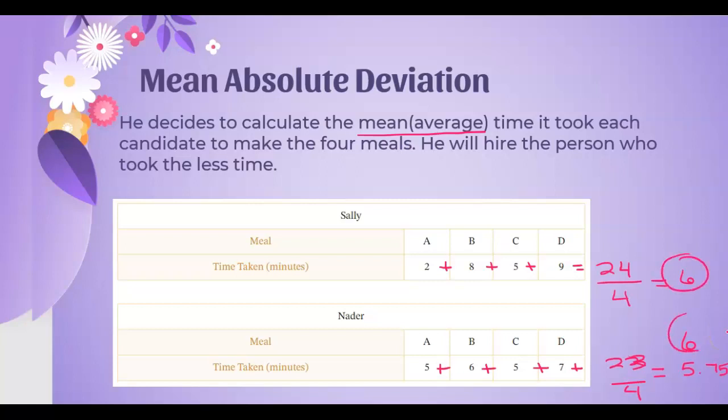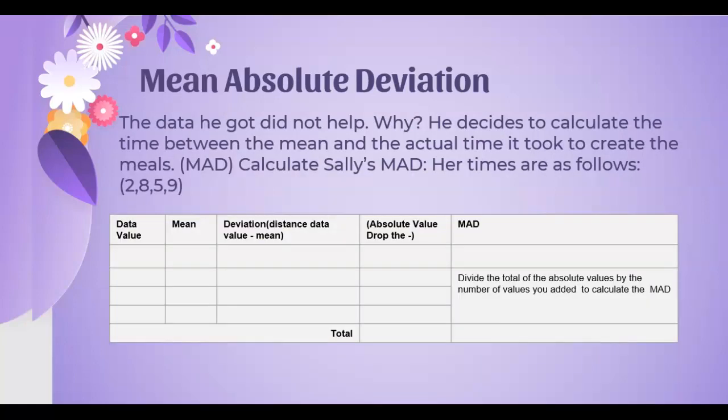They both took 6 minutes. So they're equal. What are we going to do? Well, he can't use that to make a decision because they both took about 6 minutes to prepare those meals. So that data didn't help.